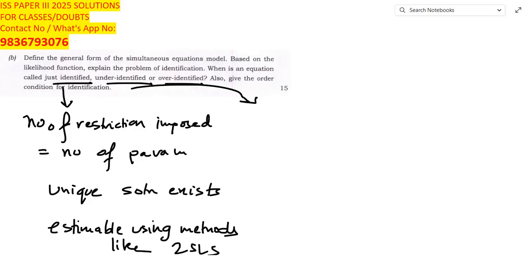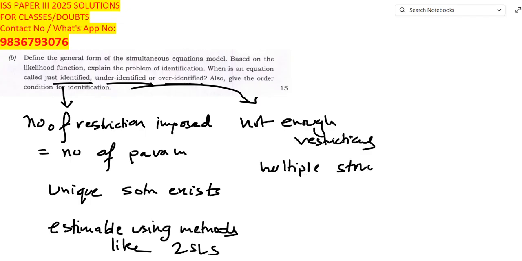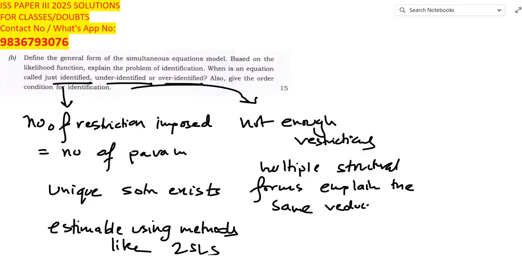When it's under identified, there are not enough restrictions and multiple structural forms explain the same reduced form, and it cannot estimate parameters.